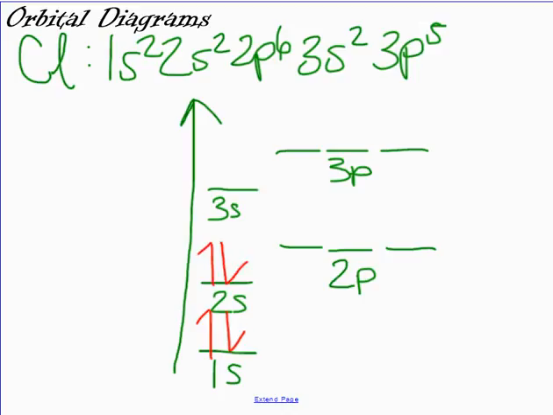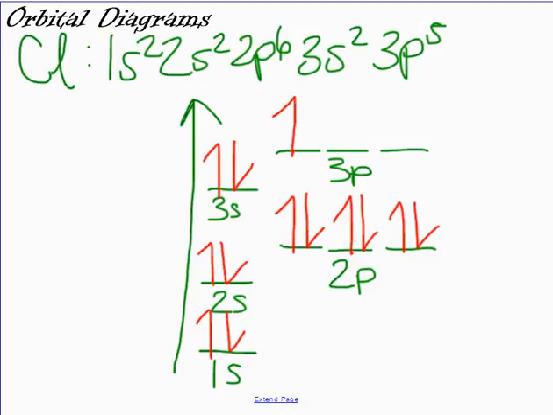In 2p, we have 6 electrons. 1, 2, 3, 4, 5, 6. In 3s, 2 electrons. 1, 2. In 3p, 5 electrons. 1, 2, 3, 4, 5. And that would be the orbital diagram of chlorine.